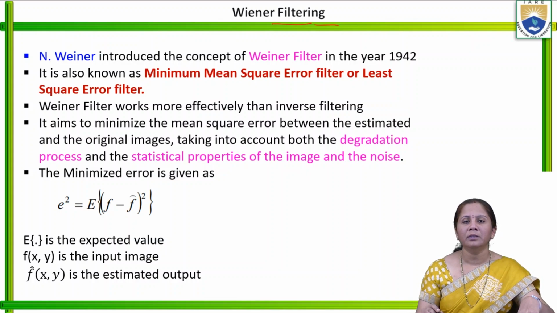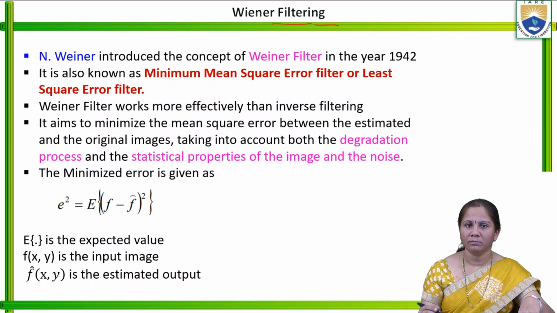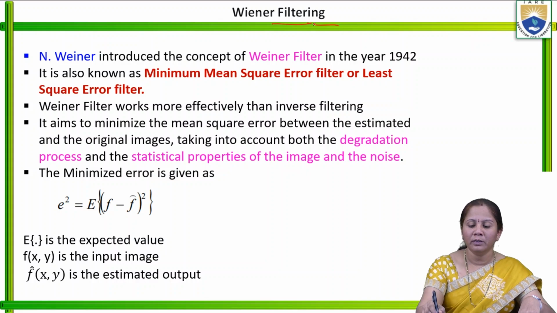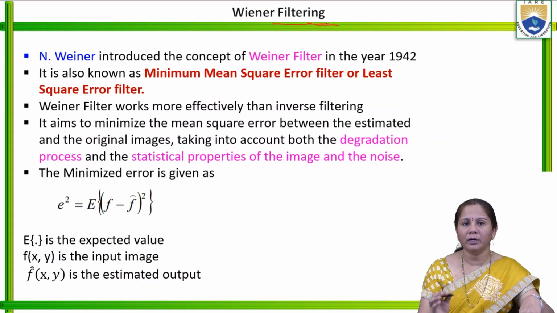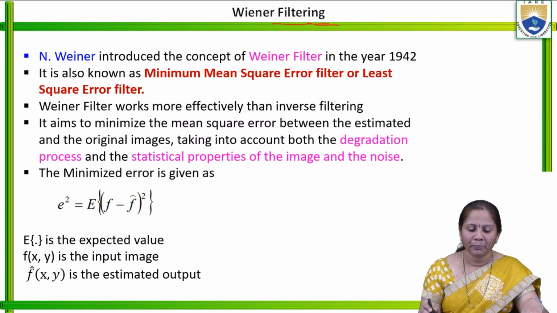We have seen the limitation in inverse filtering: the formula has the ratio of N by H, and selecting the values of N and H leads to instability. In order to overcome that limitation, we will go for Wiener filtering. So the Wiener filter will overcome the drawback of inverse filtering.